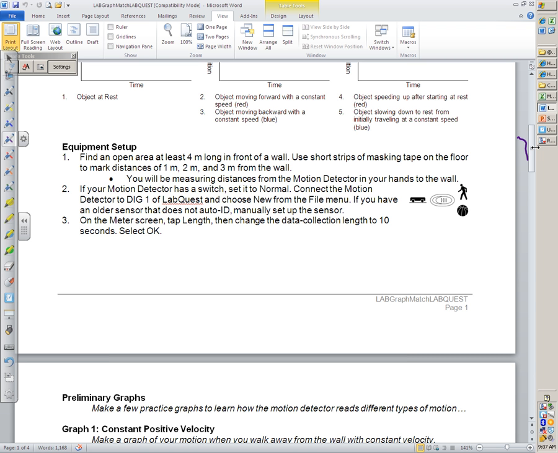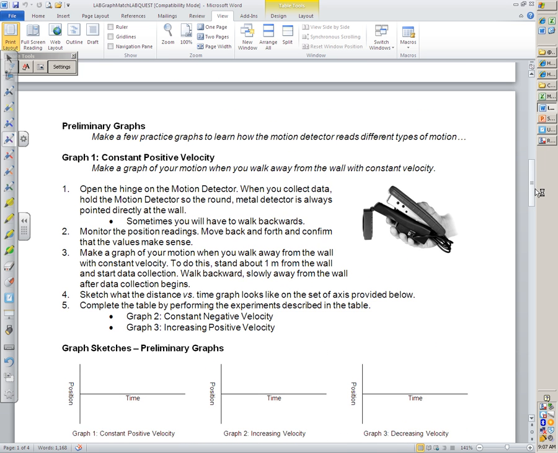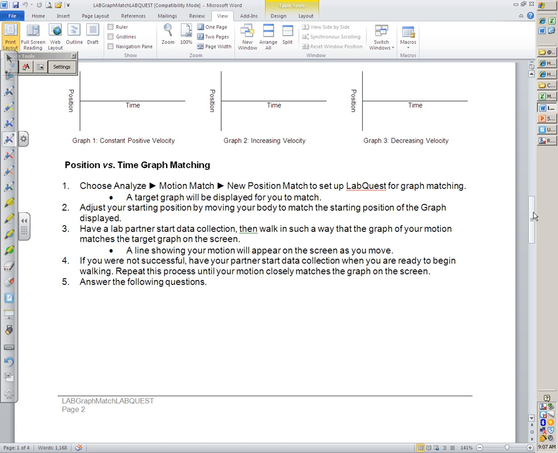On page 2, you can cross out the entire section that says preliminary graphs, the entire section that says graph 1, constant positive velocity, and the entire section that says graph sketches, preliminary graphs. You're not going to do any of that. You are going to pick it up at position versus time matching, and answer the questions at the top of page 3.